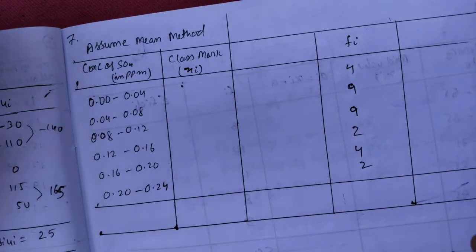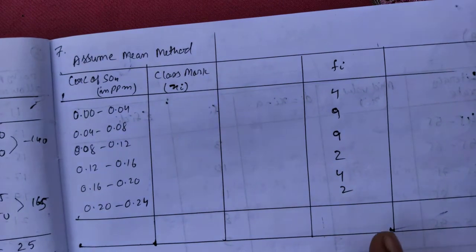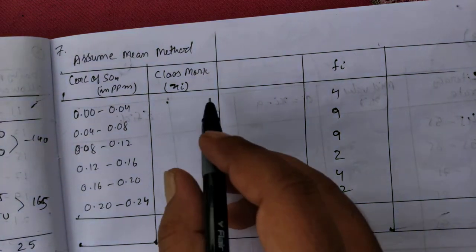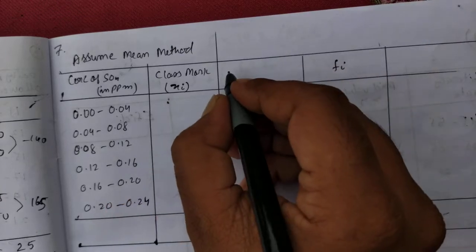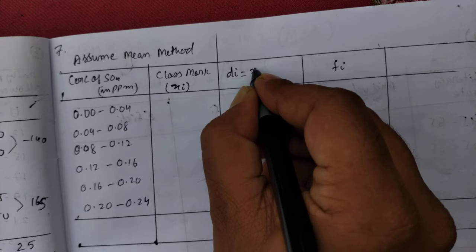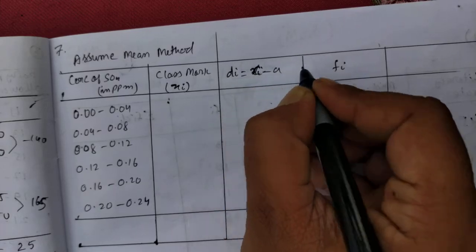I'm trying to do mostly the assumed mean method because the step deviation method is omitted for this session 2021. So I'm going to use the assumed mean method only. di equals xi minus a.